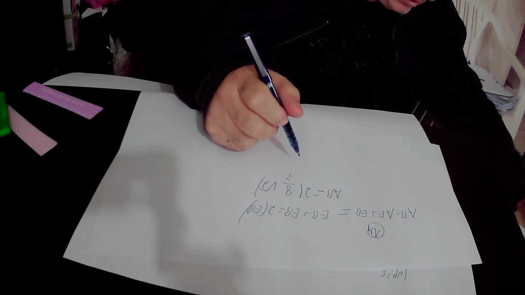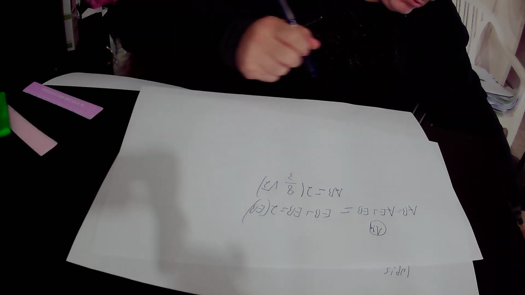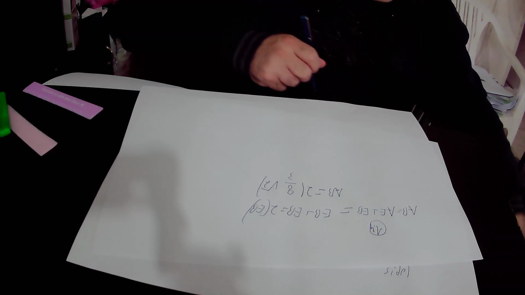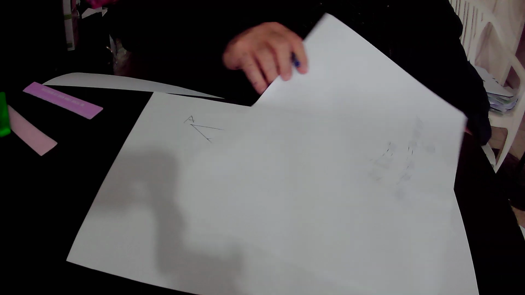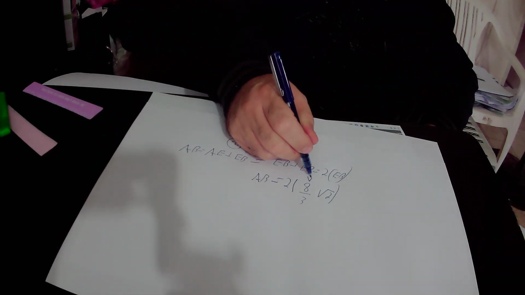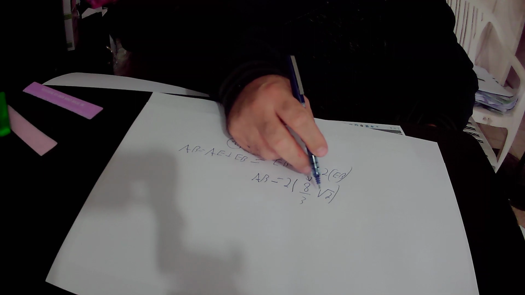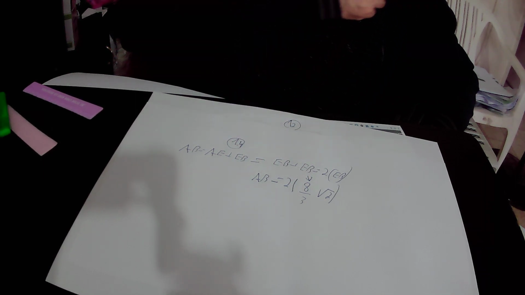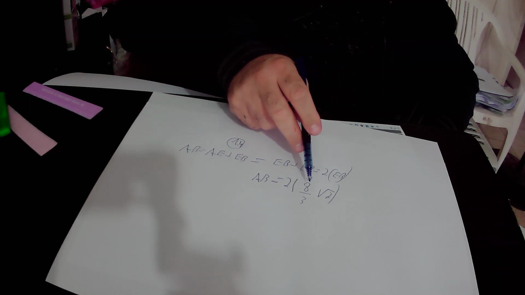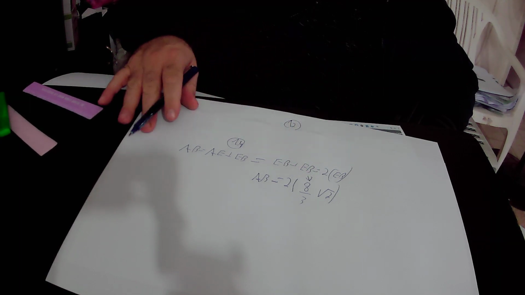So AB equals 2 times 8/3 times square root of 2 units.